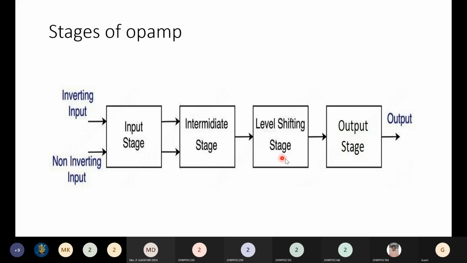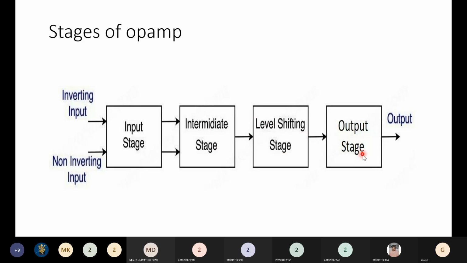Third is a level shifting stage, which is an emitter follower. This again is there for two purposes. One, it will act as a buffer in order to connect the intermediate stage with the output stage, and the other one is, it will produce zero output for zero input by bringing down the DC to zero level.